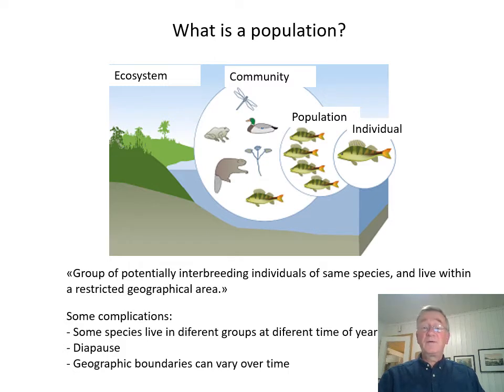Another example of complications to this definition is diapause, where we have individuals, or for instance a seed from a plant, which may stay dormant in the ground for a very long time before it starts growing. Such things might complicate matters when we are going to estimate the size of a population.